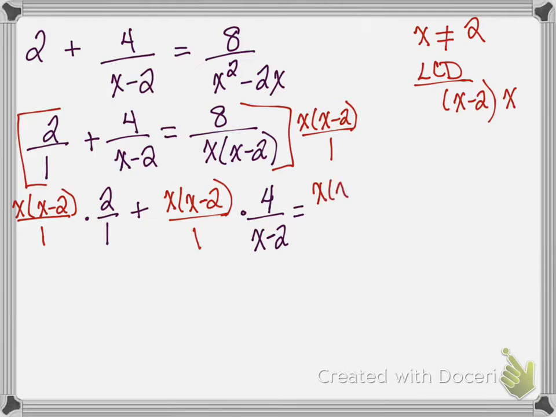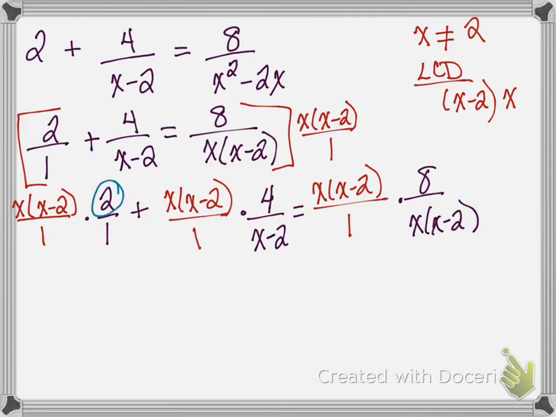X times x minus 2 over 1 times 8 over x times x minus 2. Okay. Can I cancel anything out of the first term? I can't. I've got x times x minus 2 times 2. I actually have to distribute two things. What do I have to distribute? 2 and the x, good.